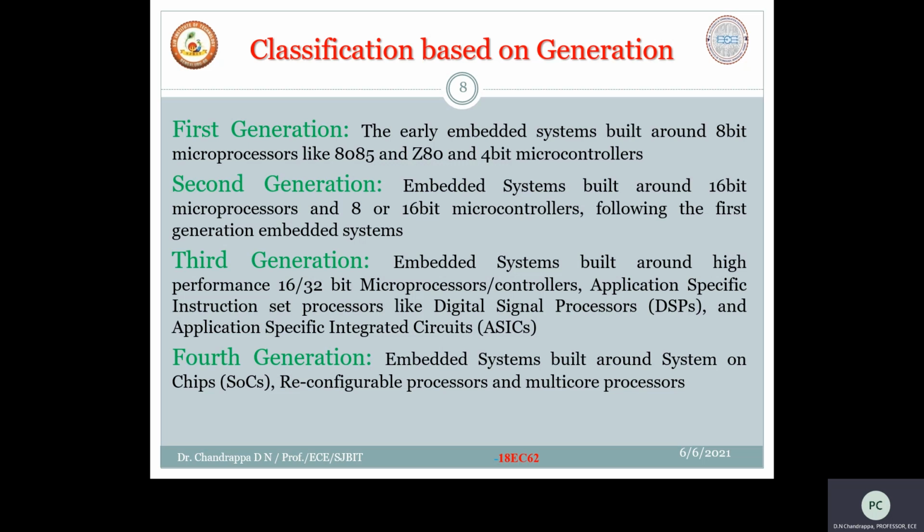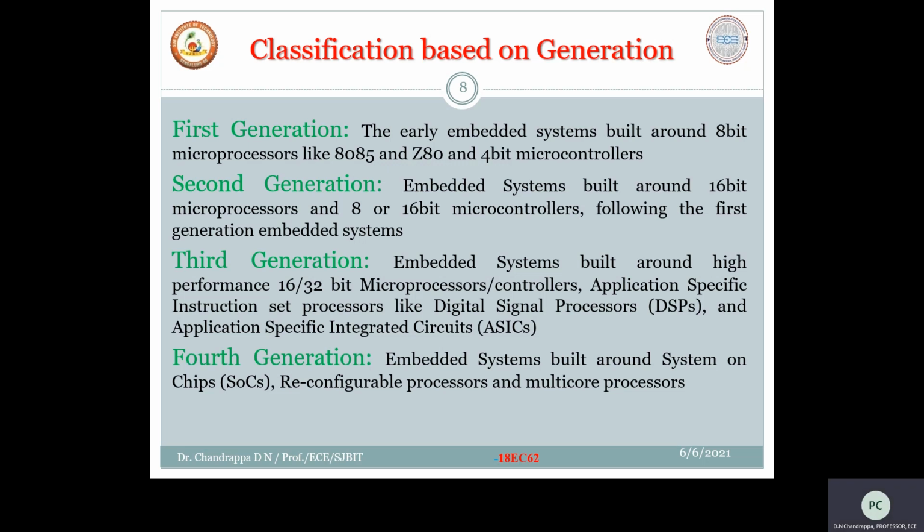In the market, one more alternative processor they introduced was the Zilog Z80. They were very popular during that time. Both are 8-bit microprocessors. And even small toys used 4-bit microcontrollers during that time. So during the first generation, 8-bit microprocessors and 4-bit microcontrollers were used.